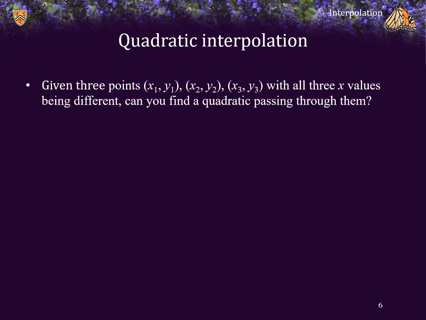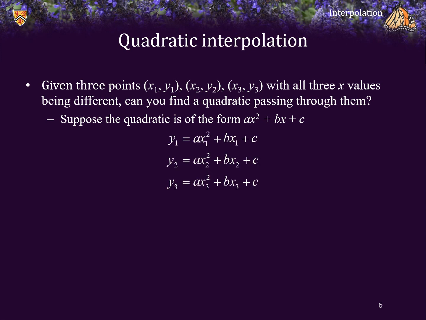Now, given 3 points, with all 3 x values being different, can you find a quadratic passing through them? Well, suppose the quadratic is of the form ax squared plus bx plus c. If this quadratic is to pass through each of these 3 points, then for each of these points we should be able to substitute in the x sub k, and the result should be y sub k for k equaling 1, 2, and 3.